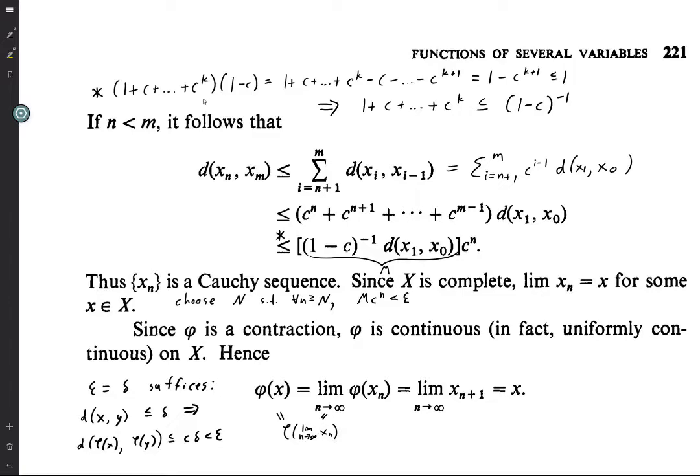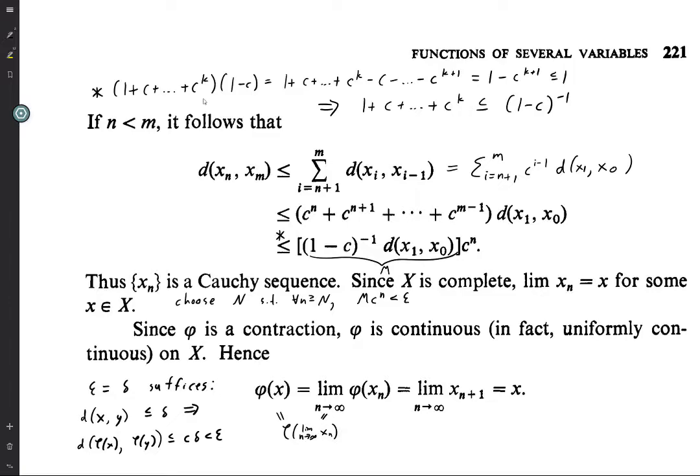Well, wait a minute. Actually, what if the contraction is trivial? If the contraction is trivial, that means everything is sent to a single point. Okay, so yeah, it still holds.